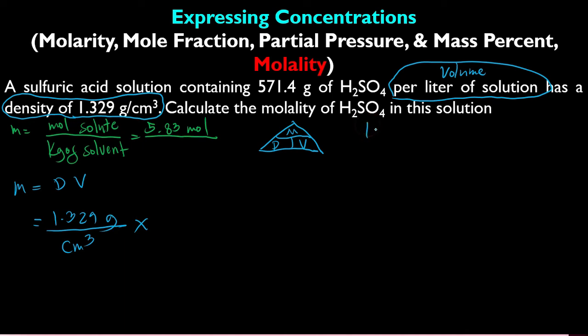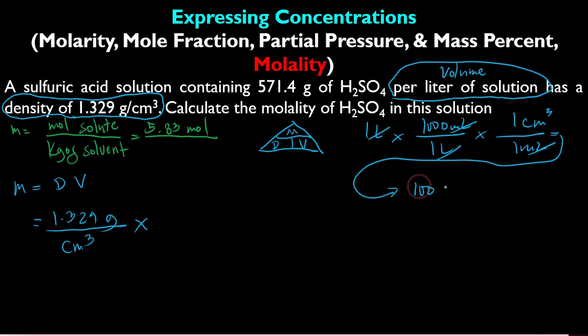Now, 1 liter is equivalent to 1,000 mL, and 1 mL is equivalent to 1 cubic centimeter. Cancel liter, liter, mL, mL. So 1 liter is equivalent to 1,000 cubic centimeters.